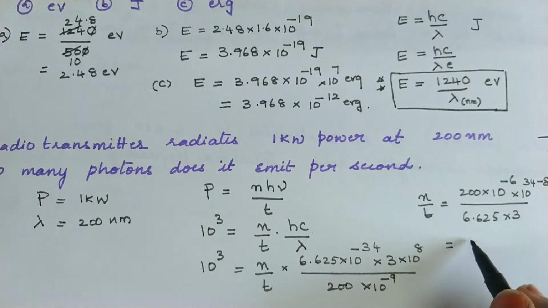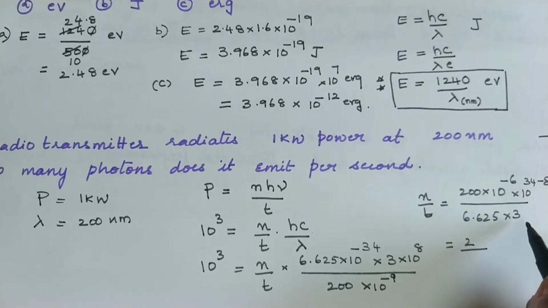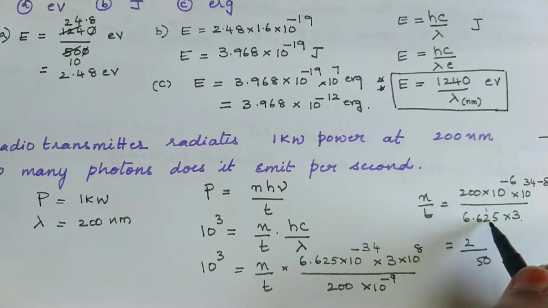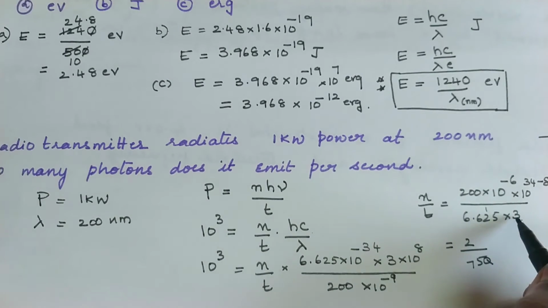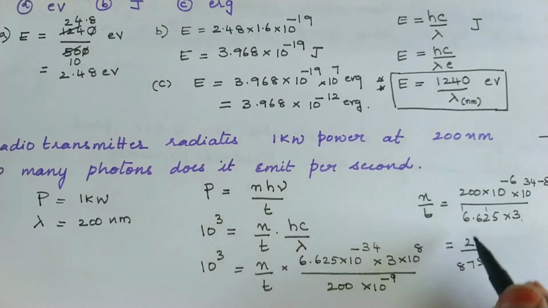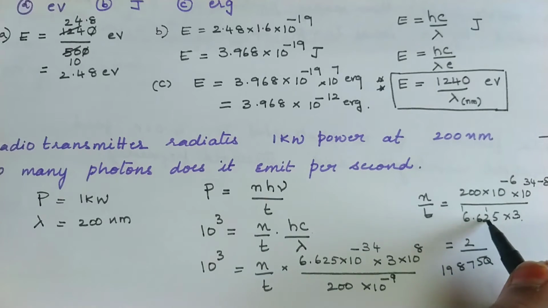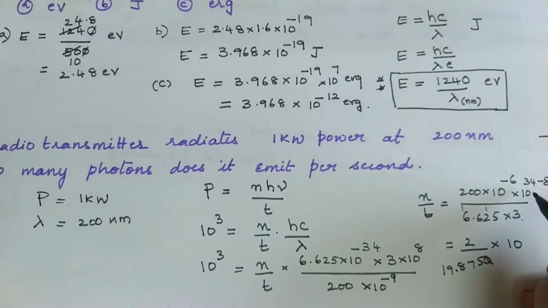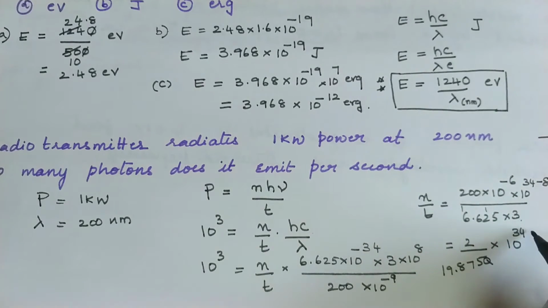That's nothing but 2 by 6 5s, 5 3s, 15. The decimal is after 3 places: 19.98 into 10 to the power 34 minus 14.